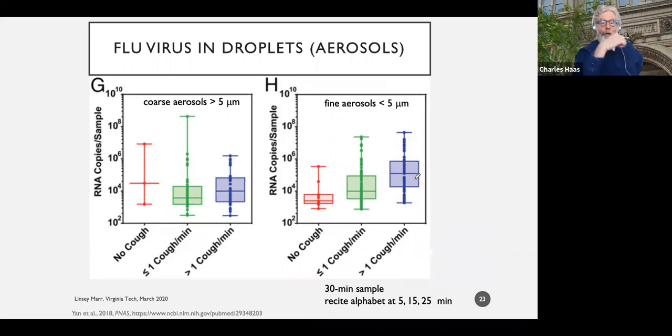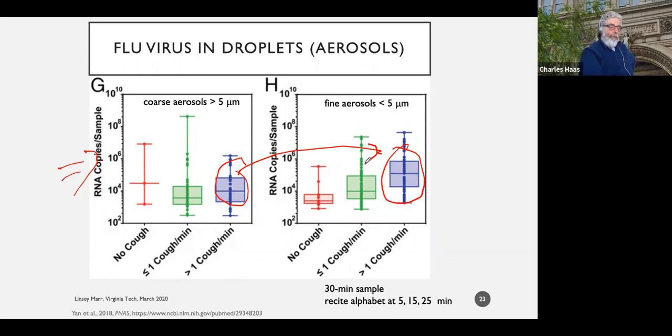There was another study done with influenza virus in both fine aerosols and coarse aerosols. Again, this is RNA copies on the y-axis, now looking at emission without a cough and with higher cough rates. Somewhat greater, particularly at high coughing rates in the fine particles.